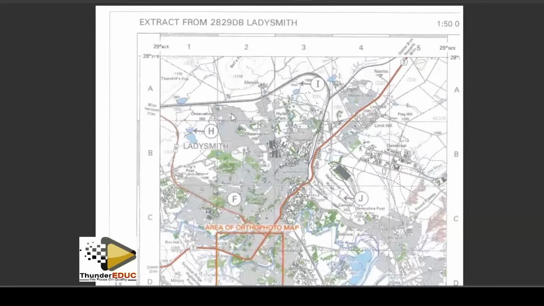Figuring out where to get that answer from: it is not provided in the map information on your question paper, but rather we are supposed to figure it out from the topographic map. That is where you get the response to the closest town to Ladysmith. So if we go to our topographic map, you come here, you check.